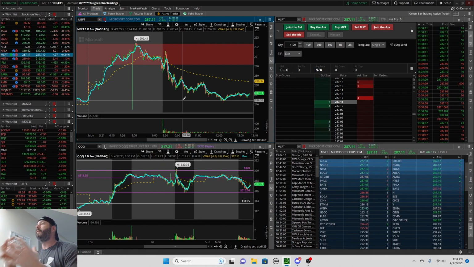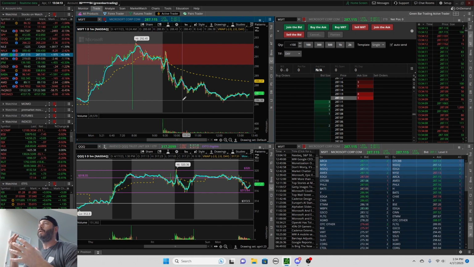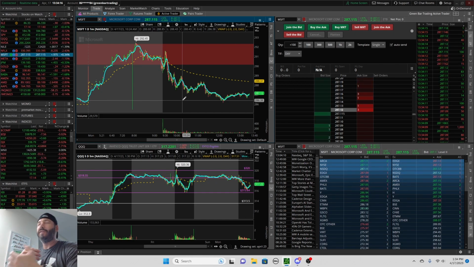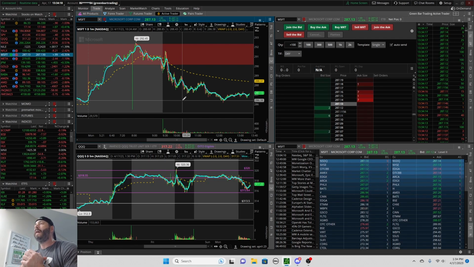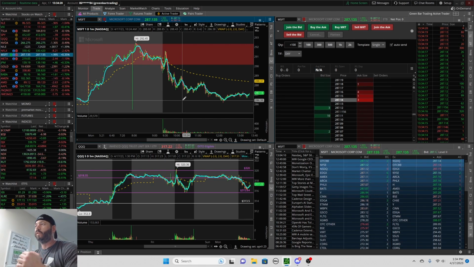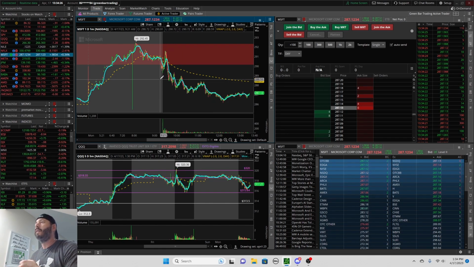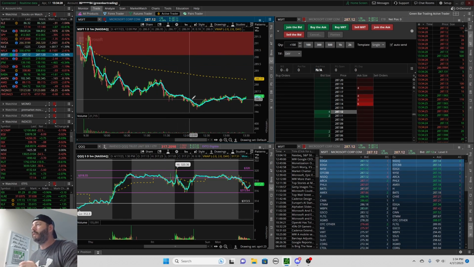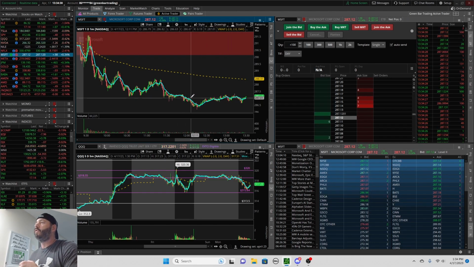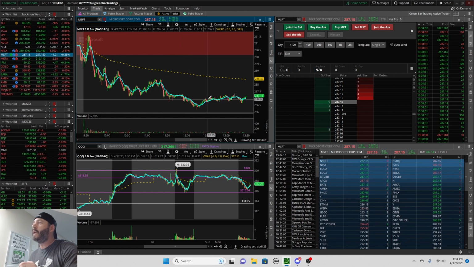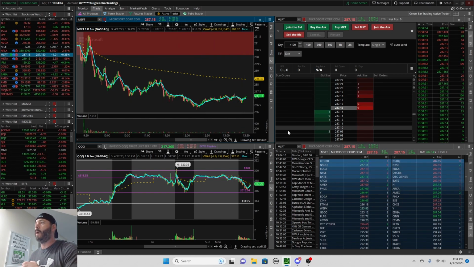So that's why I like to trade options. Now, if you're trading shares, obviously you don't have to deal with that theta, which is the time decay in an option contract. So if the stock does not move, right? Look at Microsoft right now. It's just going completely sideways for the last 2 hours.